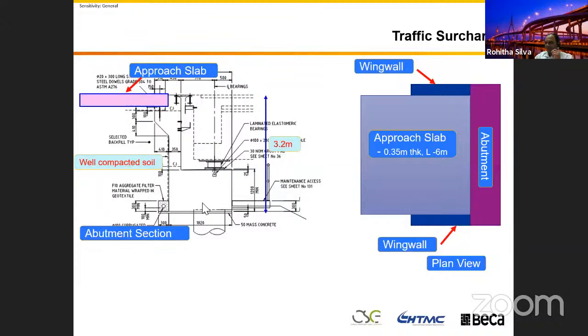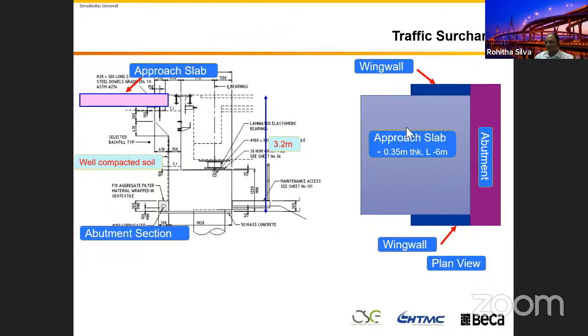In general, you can see this abutment structure is significantly large. It is about 3.2 meters high, and in the traffic direction, to make the bridge batter work, you have wing walls around there, then compacted soil, and then an approach slab on the top.